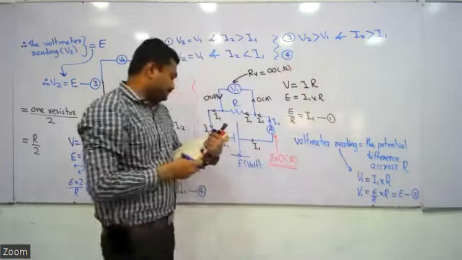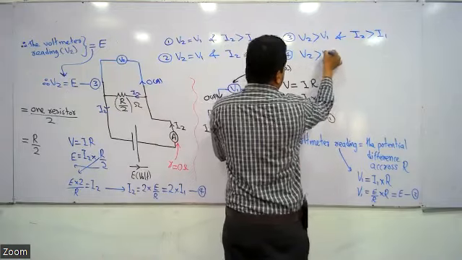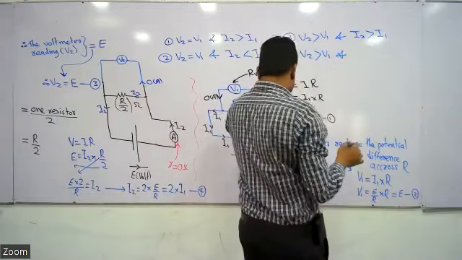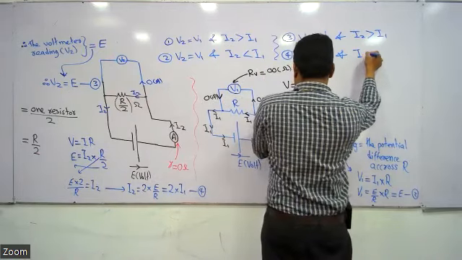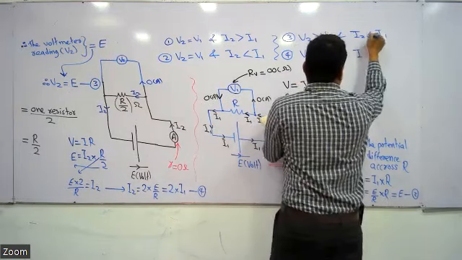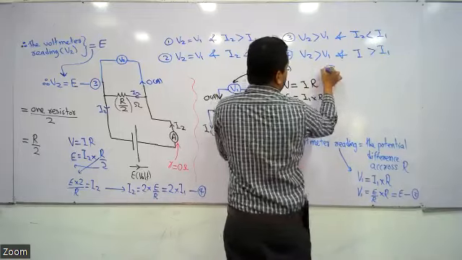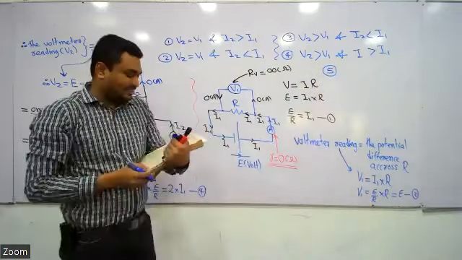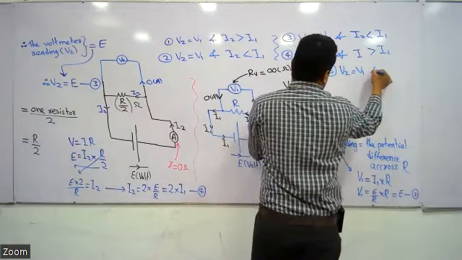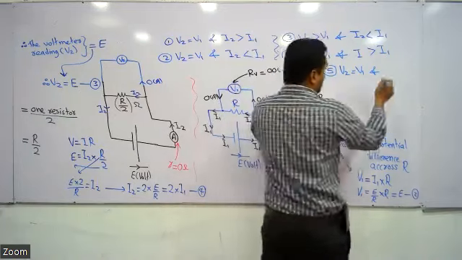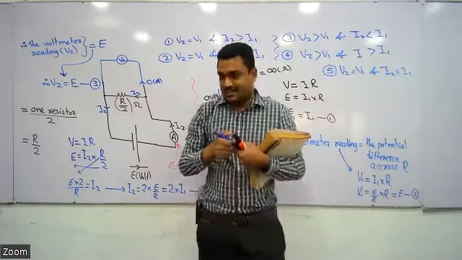Fourth answer, V2 bigger than V1 and, sorry, it should be like this, and here it is bigger. Fifth answer, V1 equals V2 and I1 equals I2.